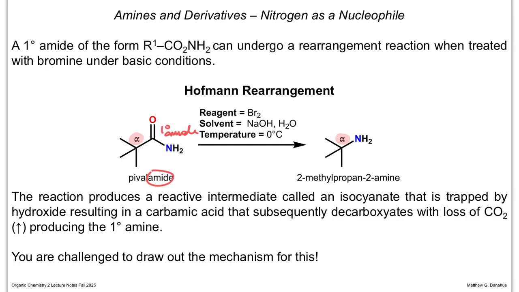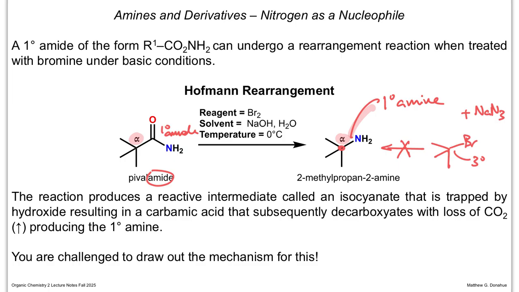What's nice about this reaction is we're still making a primary amine, but look at this center here. So we couldn't do this reaction because that's a tertiary carbon.